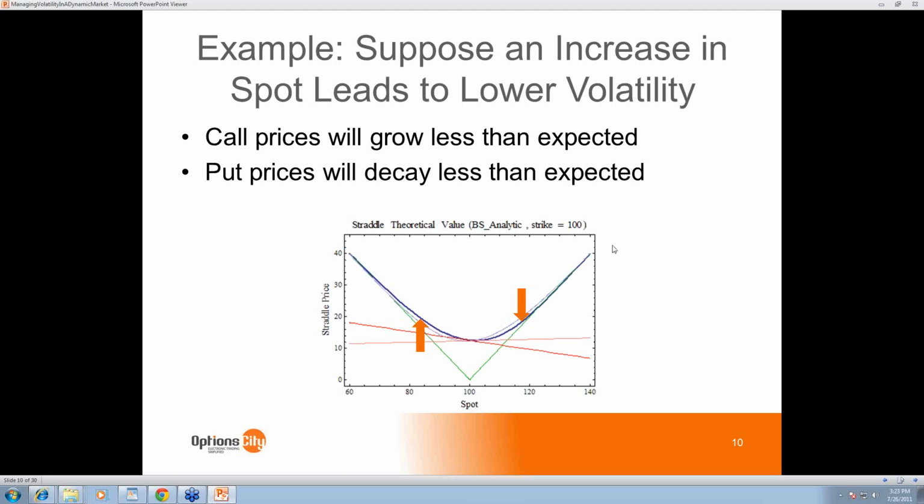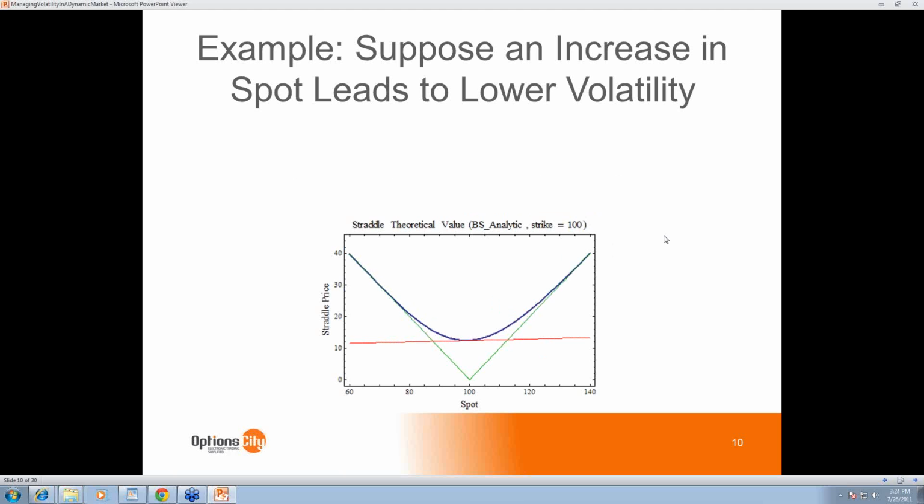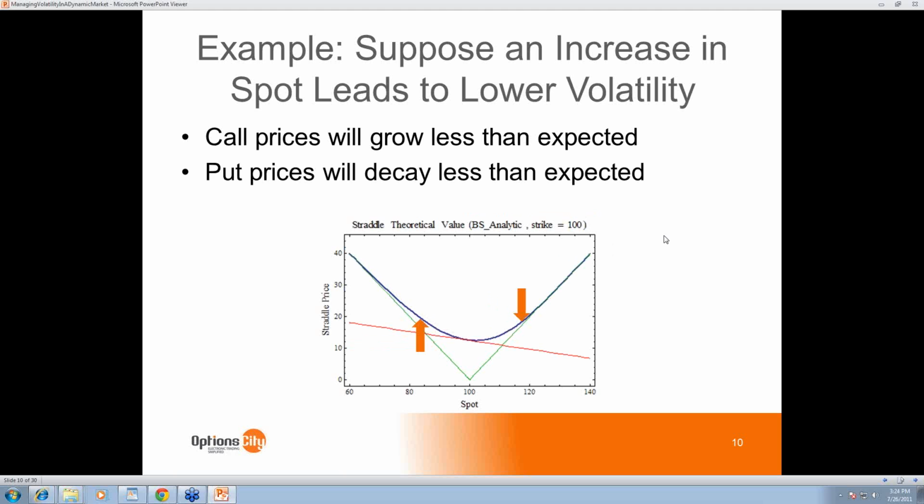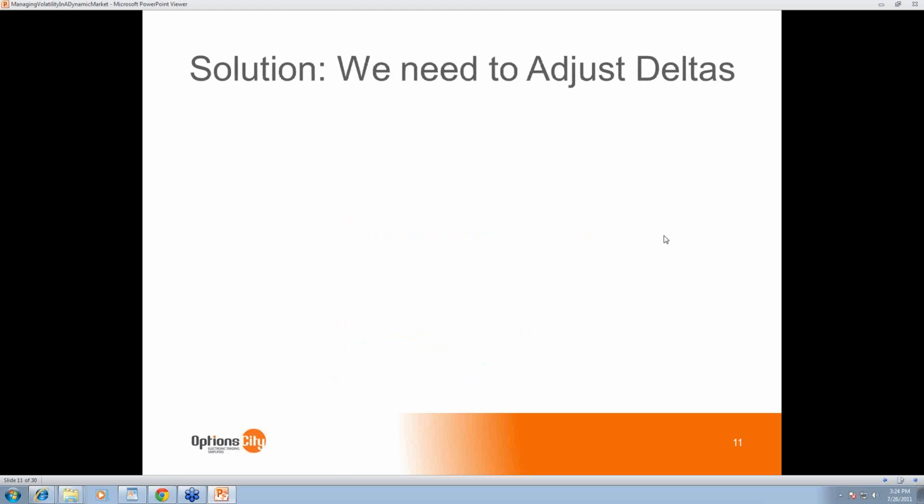What ends up happening is we end up with a delta that's higher than what was implied previously. And that impacts things dramatically. In this case, we started out with a delta that was positive, and it turns out that when you apply this change in volatility, what you should have been hedging with is actually a negative delta.